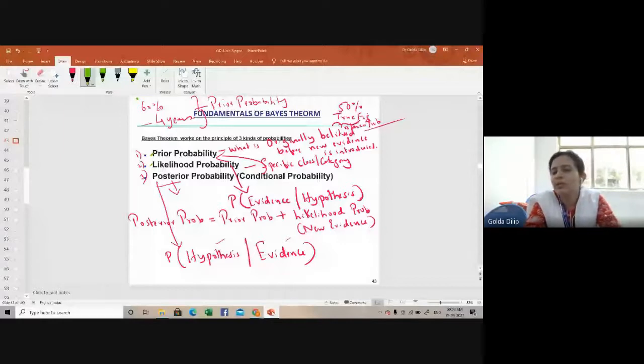So these were the things we had discussed. Then we started looking into the second type of classification technique, which is a probabilistic learning technique based on the Bayes theorem.